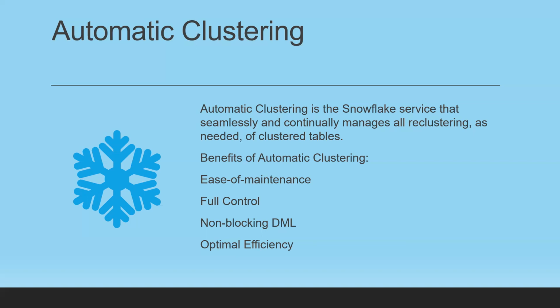Maybe you can ask me, what are the resources? Those resources are, for example, servers and memory. It allows Snowflake to dynamically allocate resources as needed, resulting in the most efficient and effective reclustering. Also, automatic clustering does not perform any unnecessary reclustering. Reclustering is triggered only when the table would benefit from the operation.